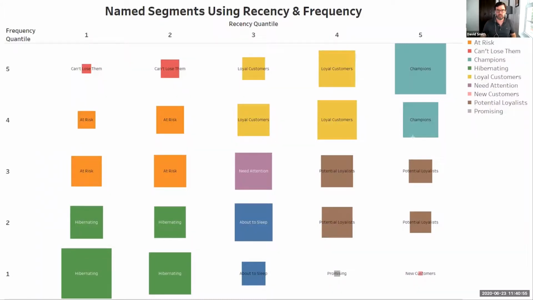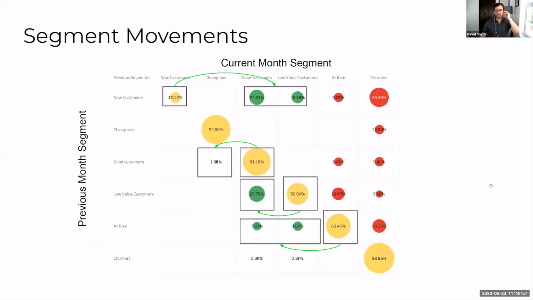You can see that the green arrows here indicate positive movement. These customers here move from at risk to low value or good customers. That is a good sign, right? They were considered at risk customers, and now they're considered something better than that.